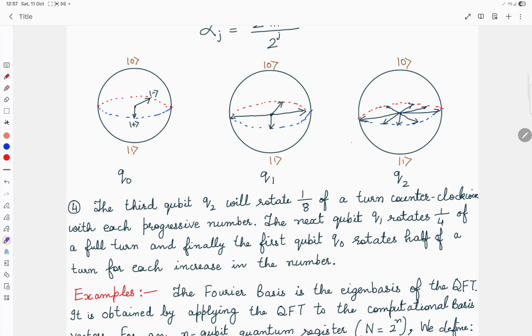The third qubit Q2, which is the least significant qubit, will rotate 1/8 of a turn counterclockwise with each progressive number. The next, Q1, will rotate the state vector by 1/4 of a full turn, and the first qubit Q0 rotates half of a turn for each increase in the number. That's what these arrows are showing, the rotations that take place depending on the weight of the qubit.